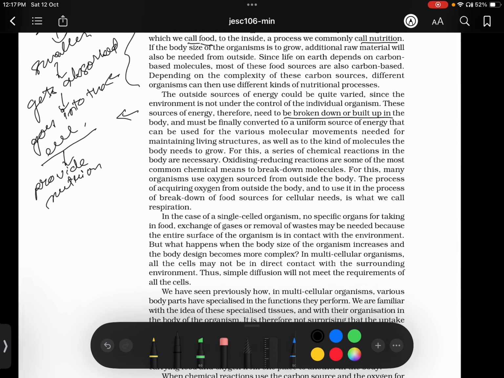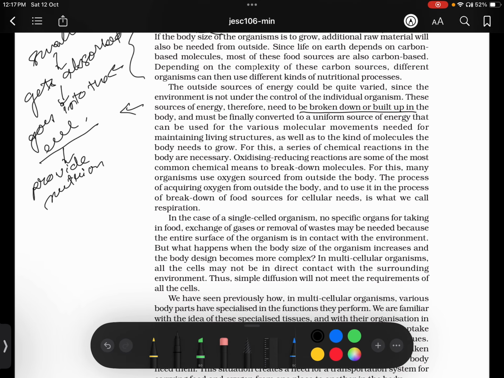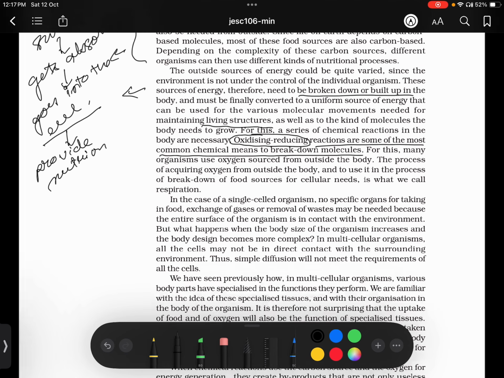Now, various molecular movements are needed for maintaining living structure, as well as for the kinds of molecules our body needs to grow. For this, a series of chemical reactions in the body is necessary. These chemical reactions are called oxidizing and reducing reactions. Oxidizing and reducing reactions are very important for life processes. You will find oxidizing and reducing reactions in your chemistry book.